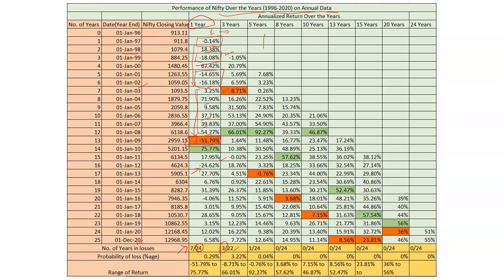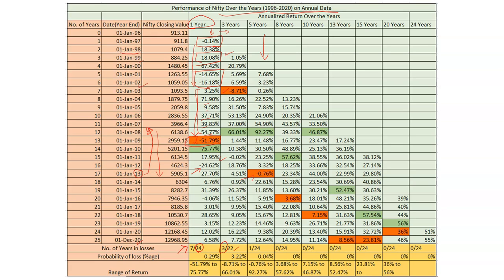Similarly, if you would have increased the time frame to 5 years, your loss would only be in 1 year, that is in 2013. This can be understood from the fact that in 2008 the global financial crisis occurred, and because of the investment made in 2008, it would have taken a long time to crawl back from that position and earn a decent profit after 2013.